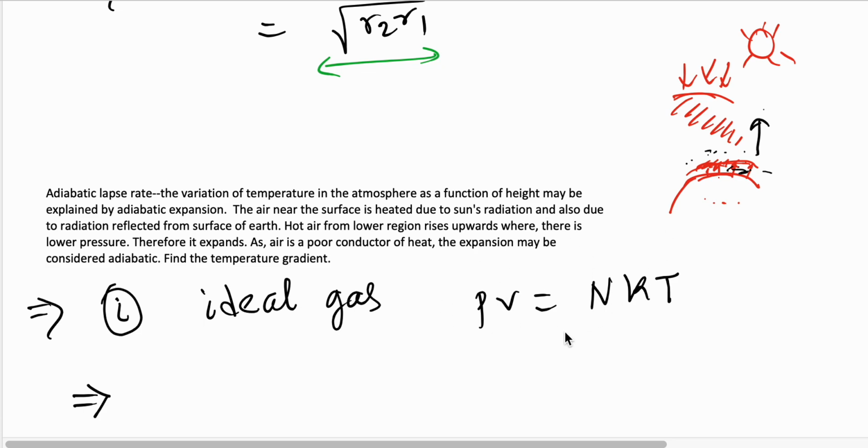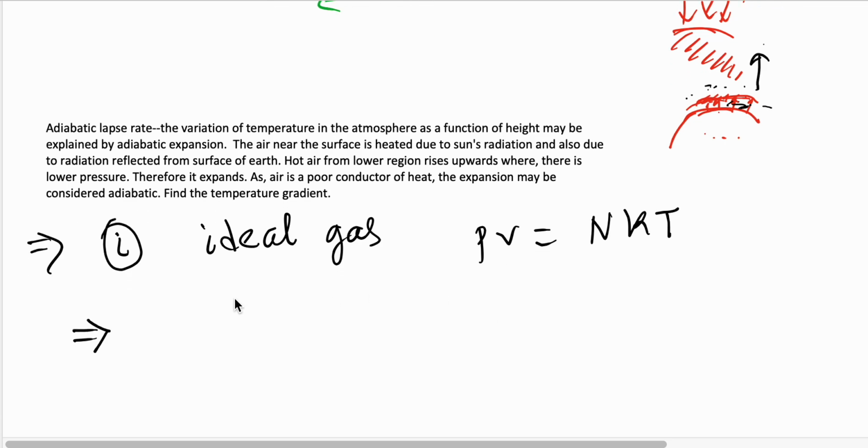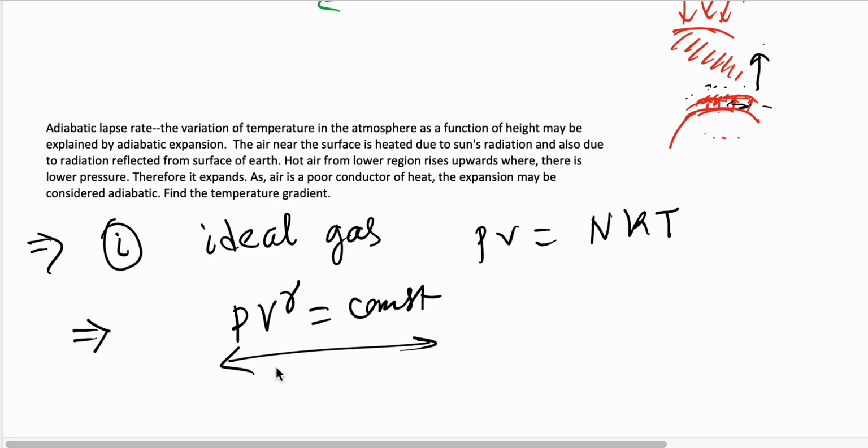What kind of thermodynamic relation will it hold? We actually know that PV to the power gamma equal to constant. It is the relation followed by a gas which is thermodynamically adiabatic. If we expand or contract the gas adiabatically, it will follow this relation.